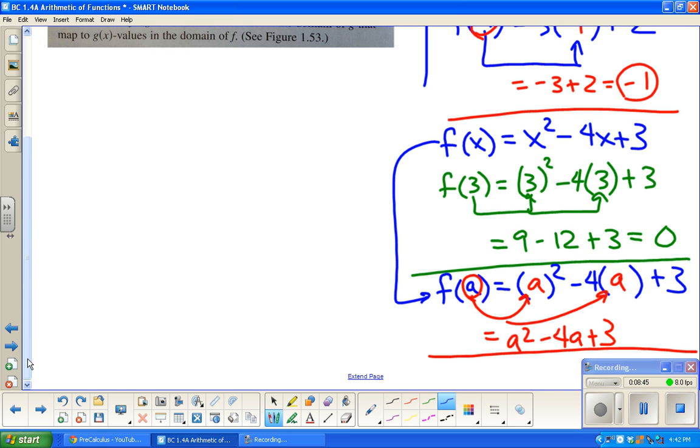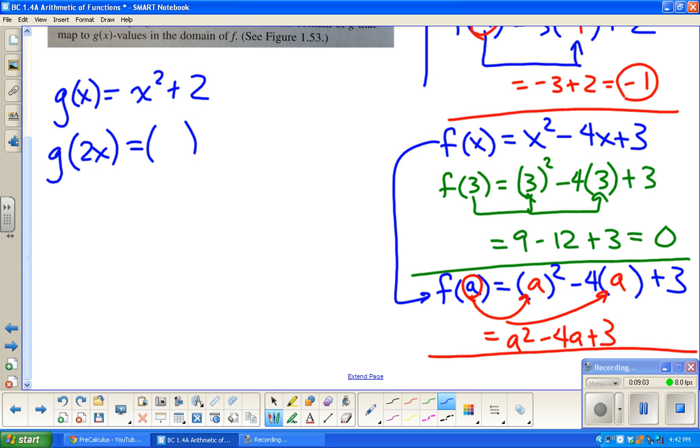Or, let's say I have, oh, I don't need to use f for everything in the universe. Let's say g of x is x squared plus 2, and let's say I want to do g of 2x.